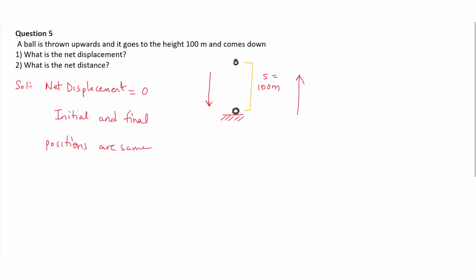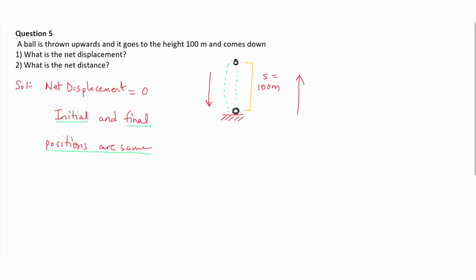Here the object went from this position to this position and again came back to the same position. So if your initial and final positions are same, we say our net displacement is 0.